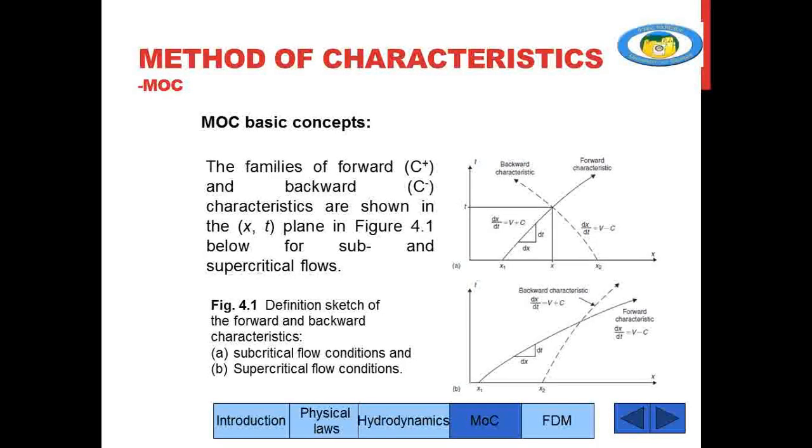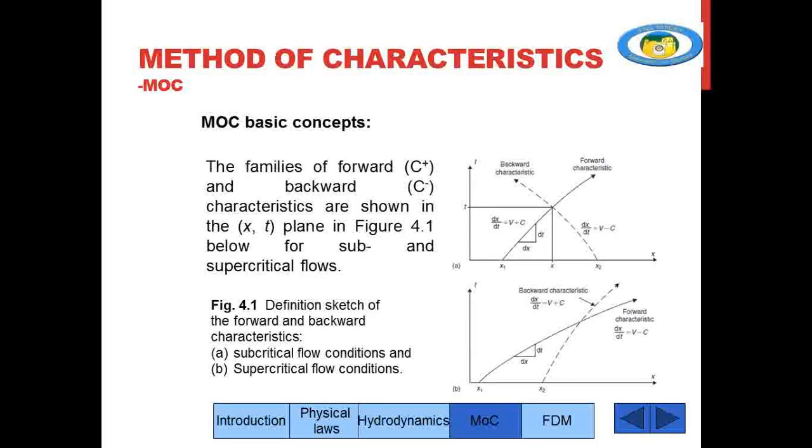For the backward characteristics, or c minus, the slope is 1 over v minus c. This is very much true in case of subcritical flow.